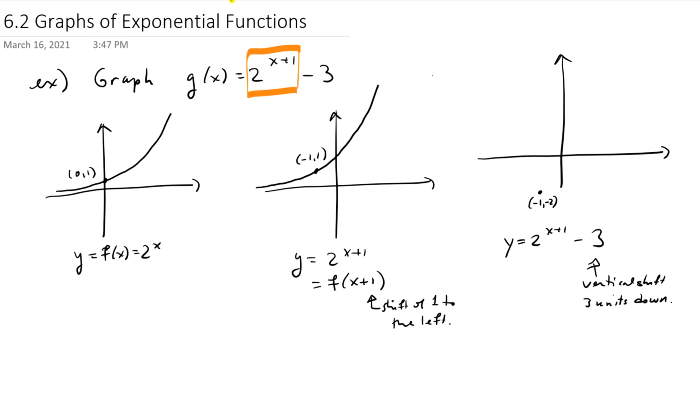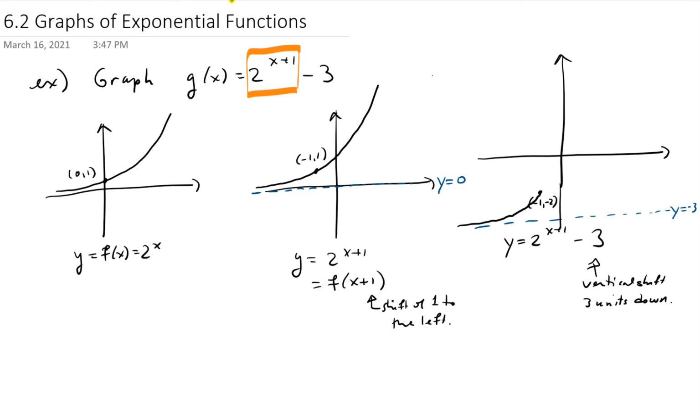And the other thing that you want to shift is this horizontal asymptote, which was y equals 0, but now you shift that 3 down, so it's going to be y equals minus 3, sorry. So our curve now is going to approach y equals minus 3 as we go towards minus infinity, and it's going to go up.